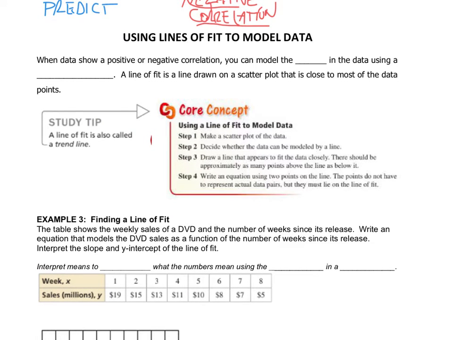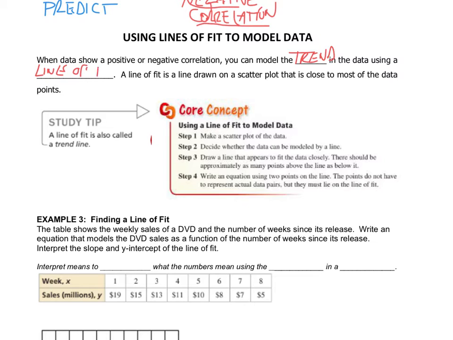When we start looking at a positive or a negative correlation, you can't really do this when you have a no correlation because there's nothing to really correlate. If we have that, we can model the trend in the data using a line of fit.